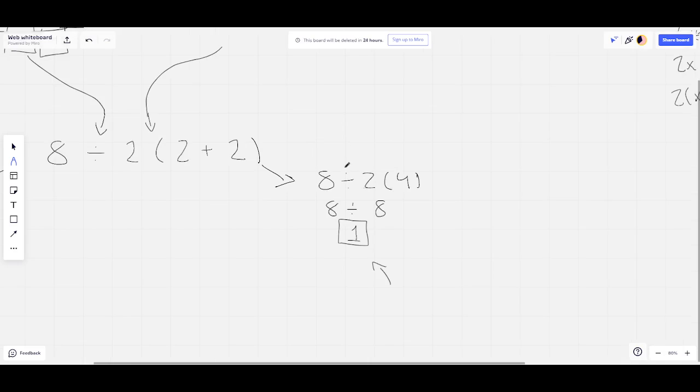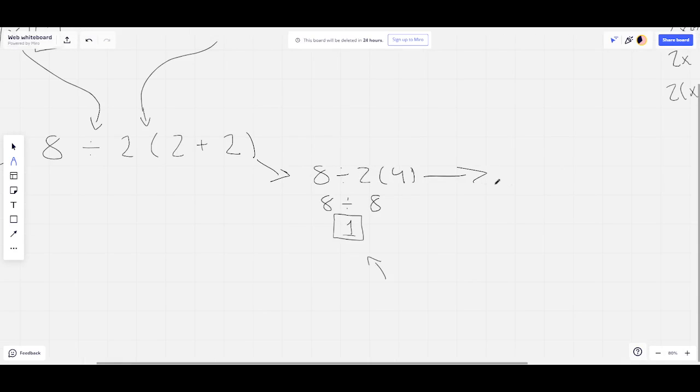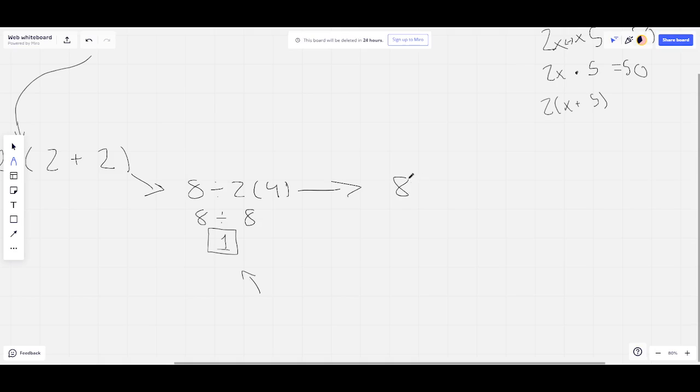If we just have this on its own, but we rewrite it as 8 divided by 2x, this implies right here that this 2x is 1 unit. You always want to simplify this 2x before you divide it into the 8.